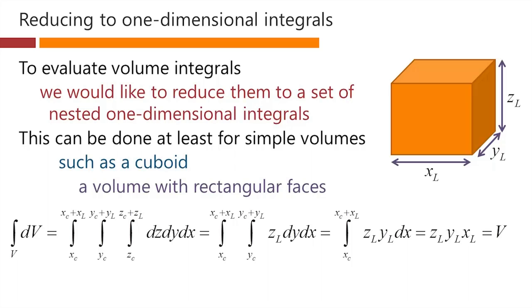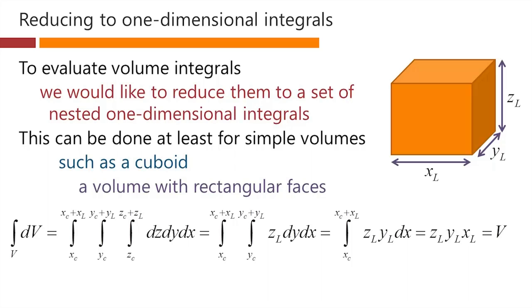To evaluate the total volume, we could write this as three nested integrals over z, y, and x. The innermost integral is the one over z, and it goes from whatever is the starting position in z up to the final position, which is a distance zl further away. And then we've also got integrals dy and integrals dx.